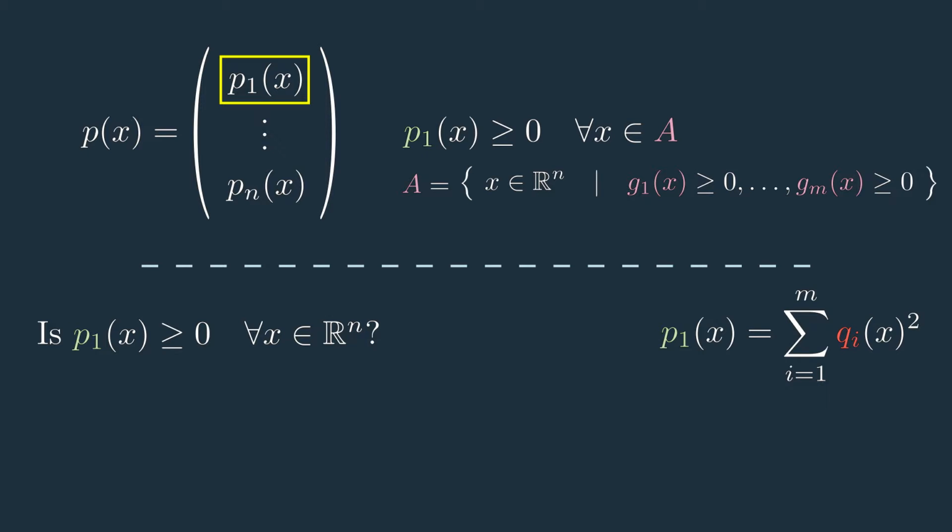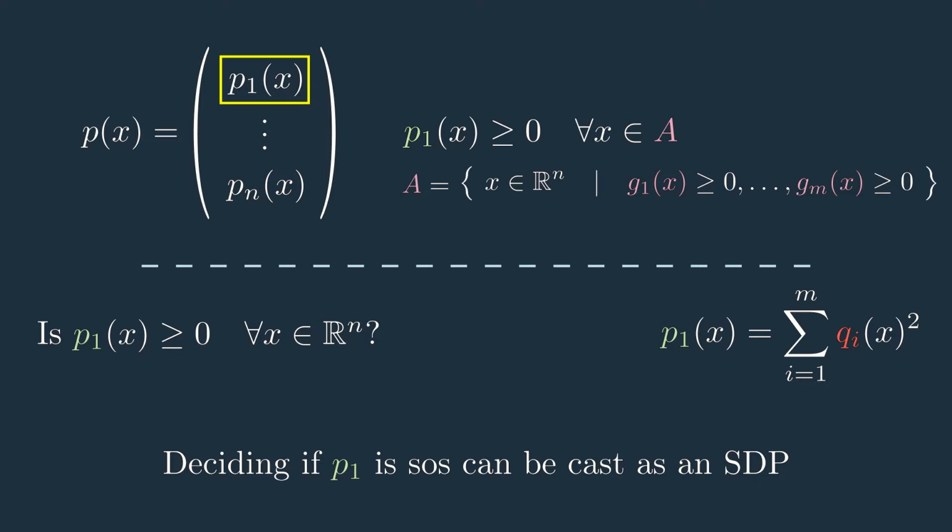So here is the key insight. Assume that somehow I can write P1 as a sum of squares of other polynomials Qi. Then it becomes obvious that P1 is non-negative. And the nice thing about this sum of squares decomposition is that testing whether a polynomial is a sum of squares can be cast as a semi-definite program.